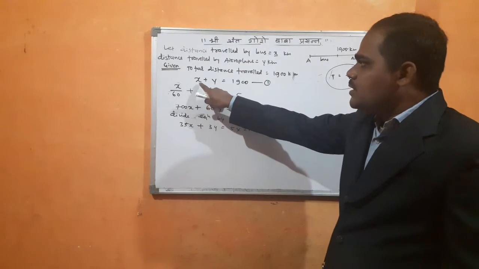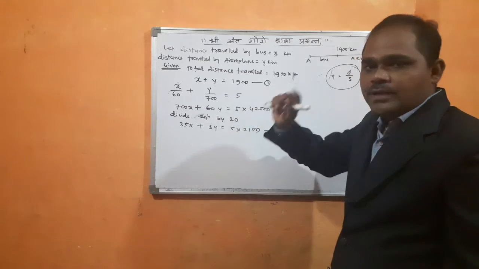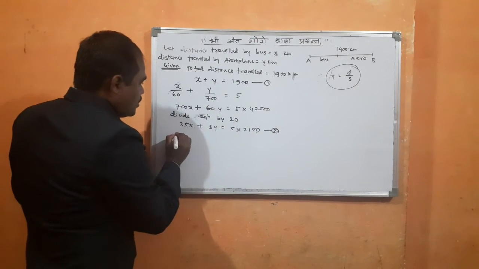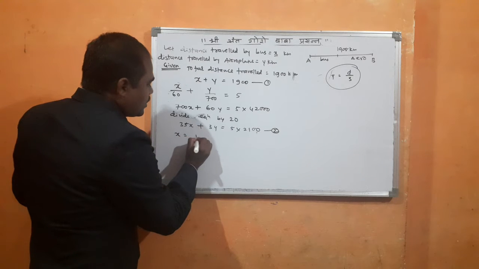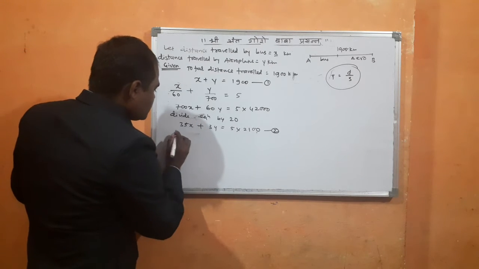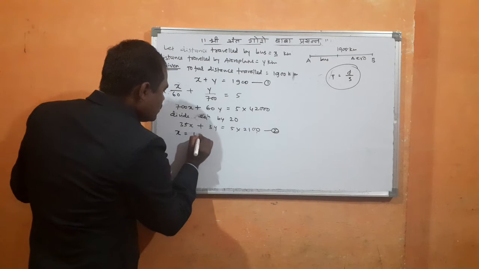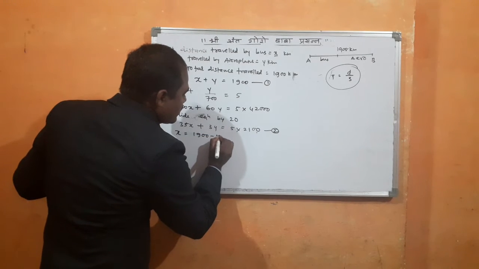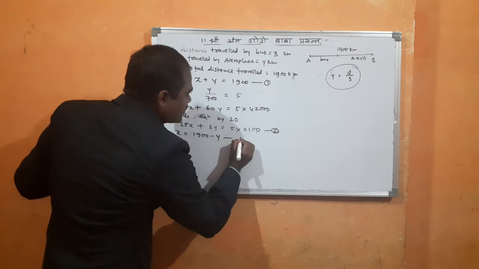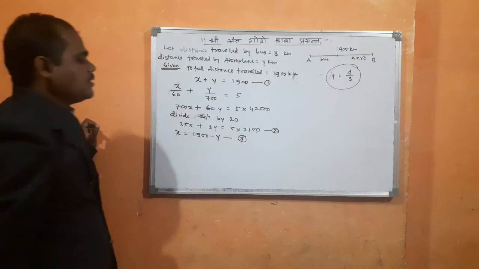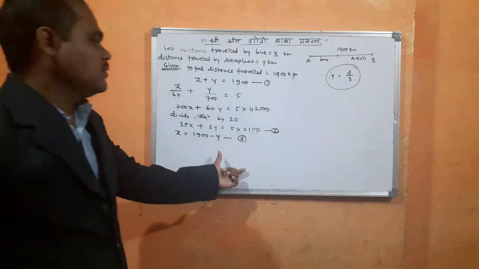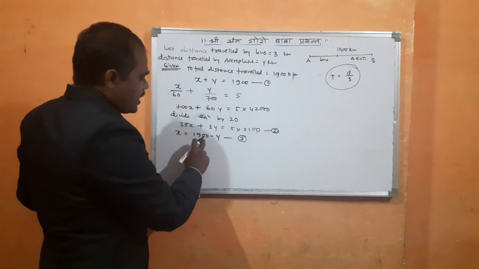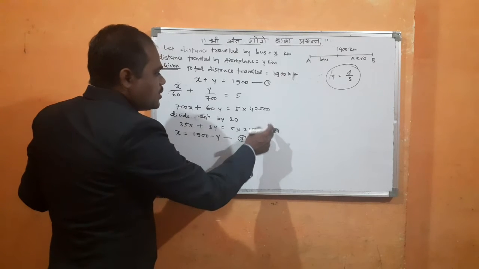So we will substitute x is equal to 1900 minus y, and this is your equation number 3. Now put x is equal to 1900 minus y in equation number 2.